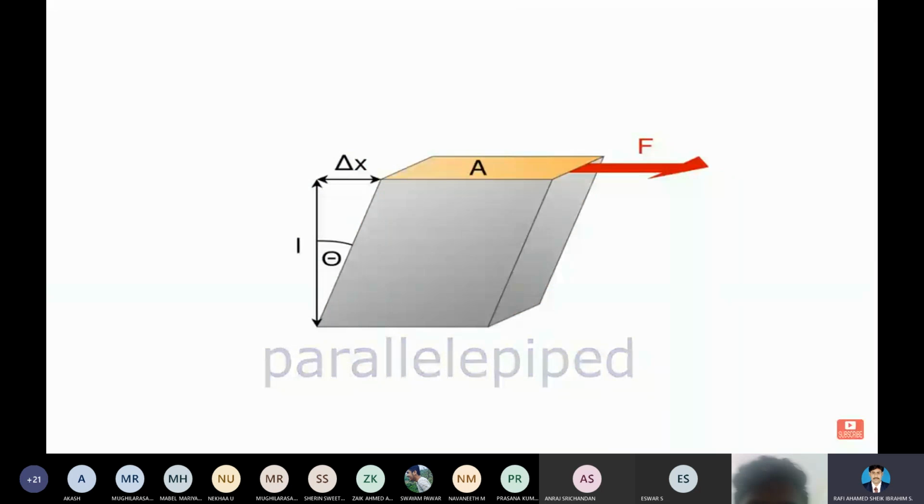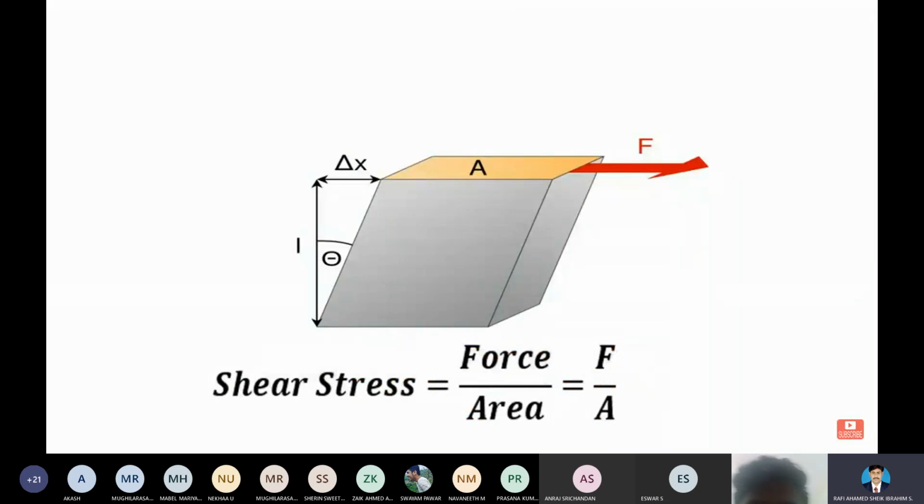Now in this situation, the shear stress will be equal to the force divided by area, where the force is the force which acts on one of the faces of this structure, and A is the area on which this force acts. So the shear stress is equal to F divided by A, or force per unit area.